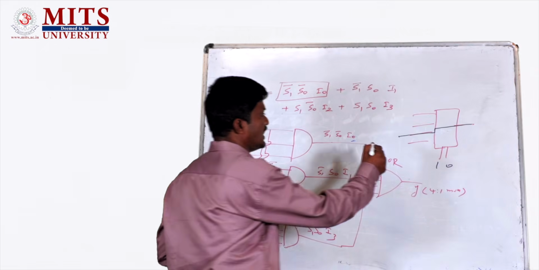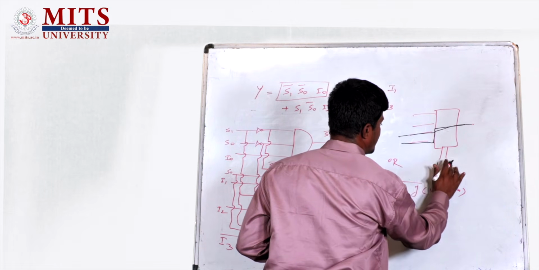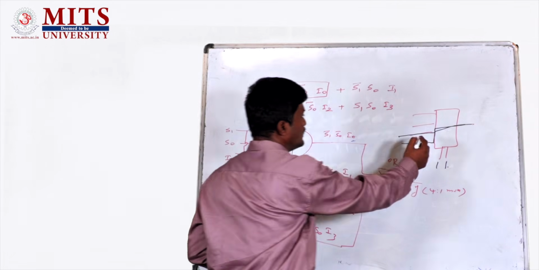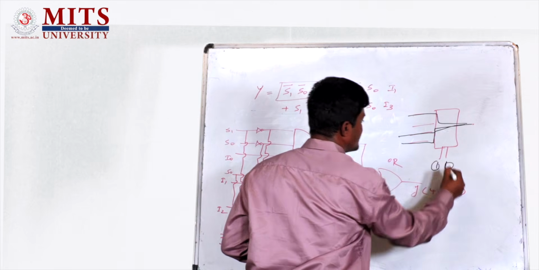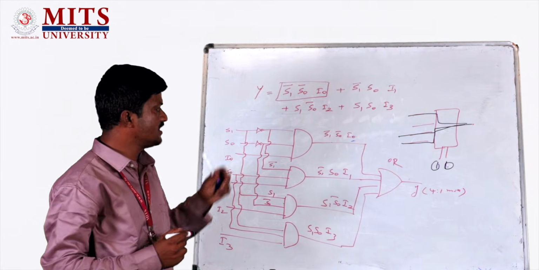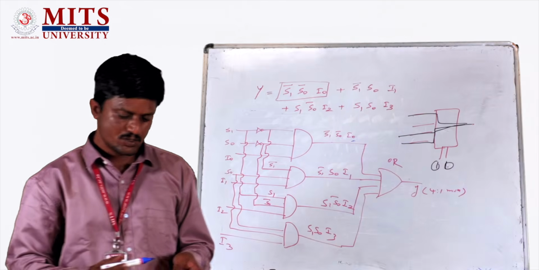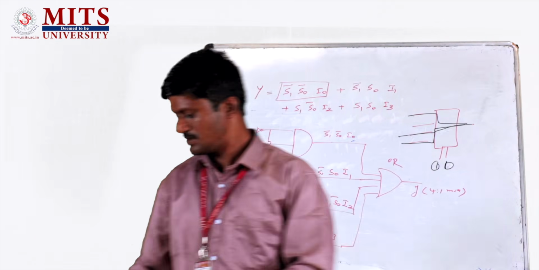Suppose you want to select the fourth data input as output, then the selection lines are 1, 1. Suppose you want to go with the first data input as output, then the selection lines are 0, 0. So this is the idea of the 4 is to 1 mux. In a similar way, you can extend to 8 is to 1 mux.